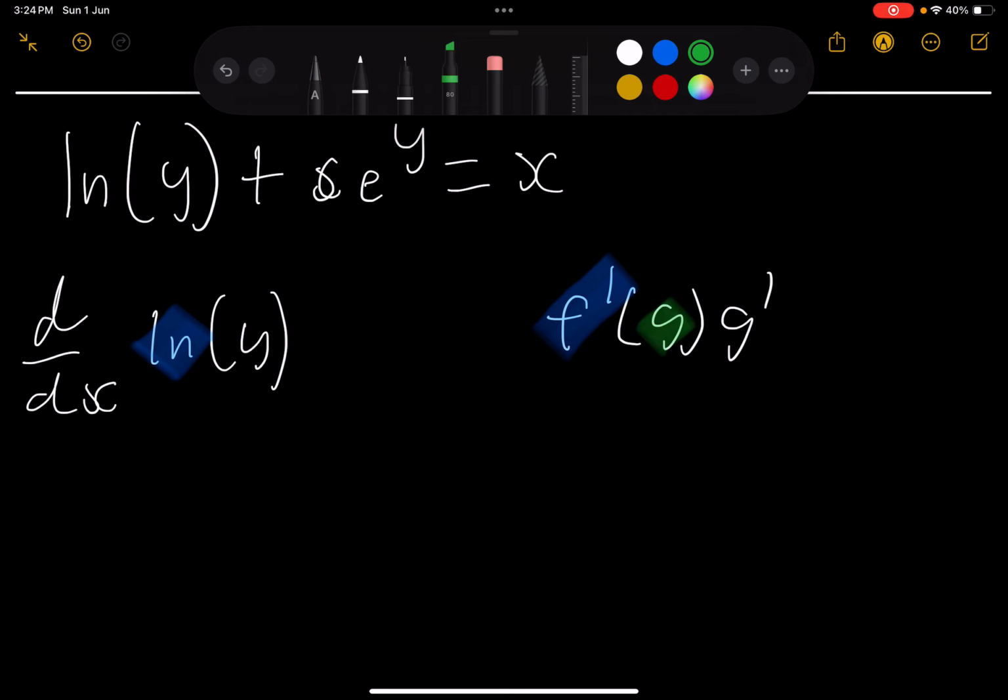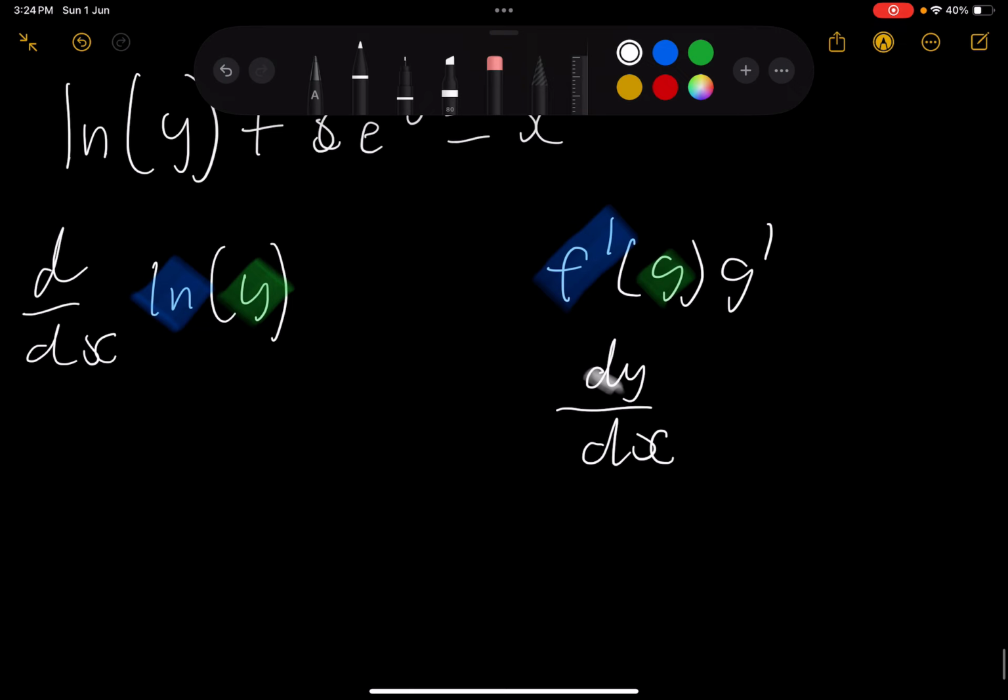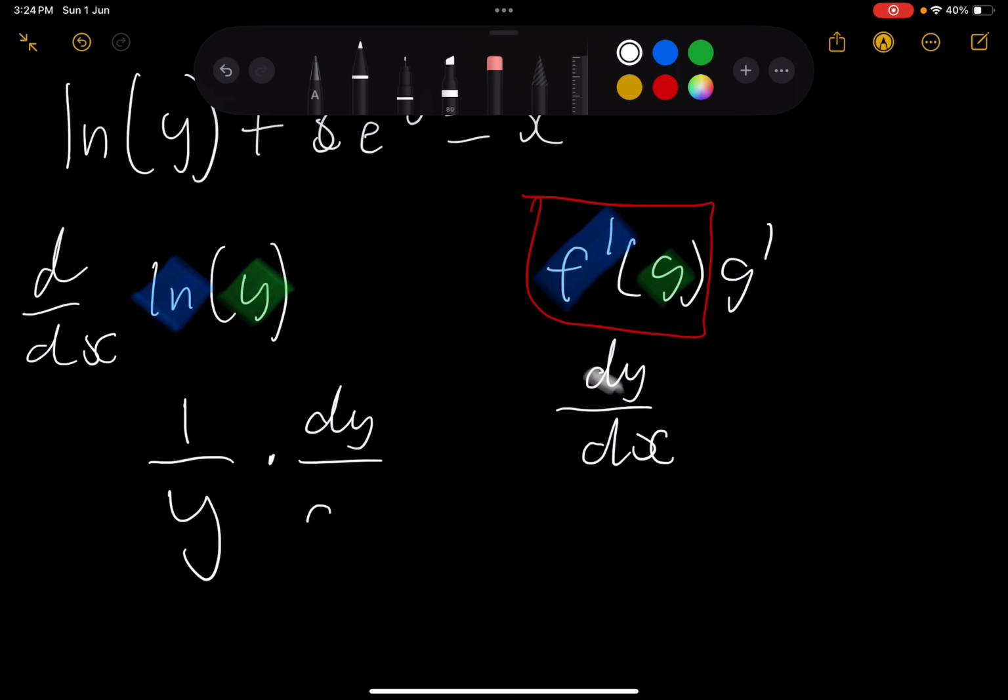Then the inner function is y, and the derivative of y with respect to x is going to be dy over dx. So first, the outer function: once we derive a natural log, it's just 1 over y, which takes care of this part. And then we need to multiply it by dy over dx, because we're taking the derivative of y with respect to x.